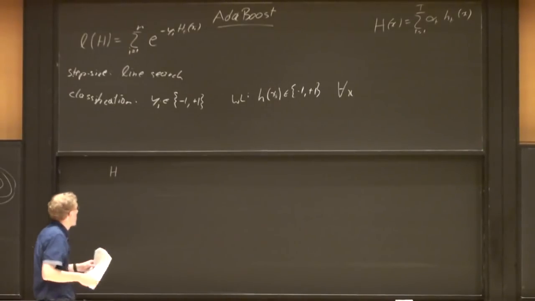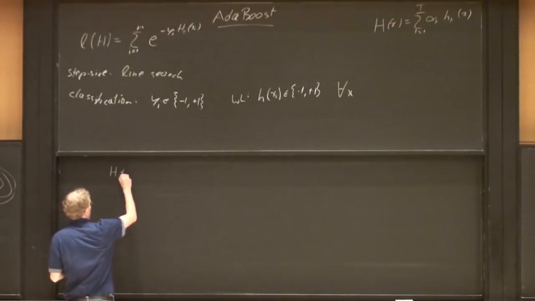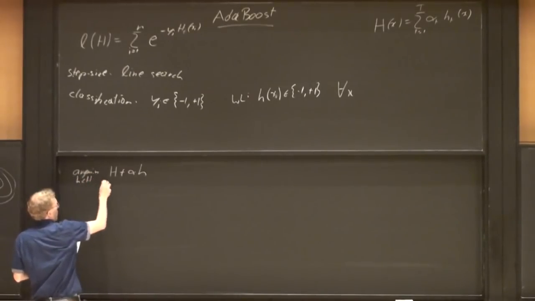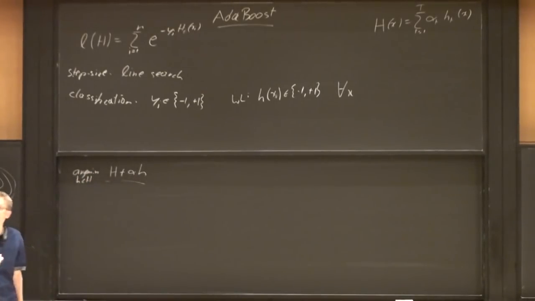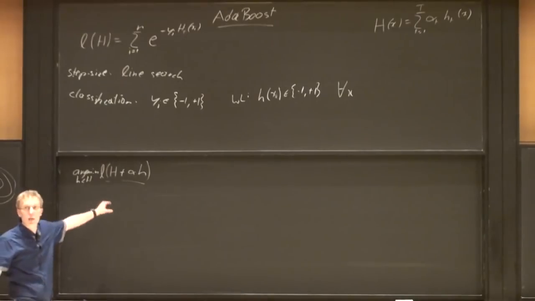Okay, yeah. So you remember, you basically want to have h plus alpha times little h. You want to find the h that minimizes our loss, right? So you basically have the loss function. Okay, so we did this last lecture or 2 lectures ago, right?